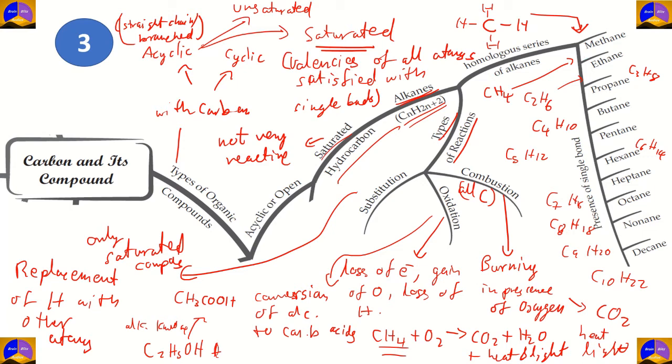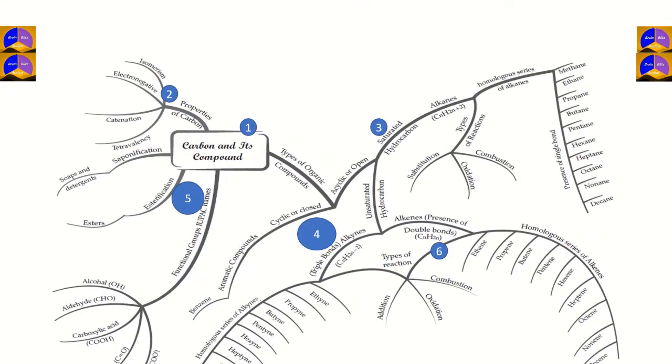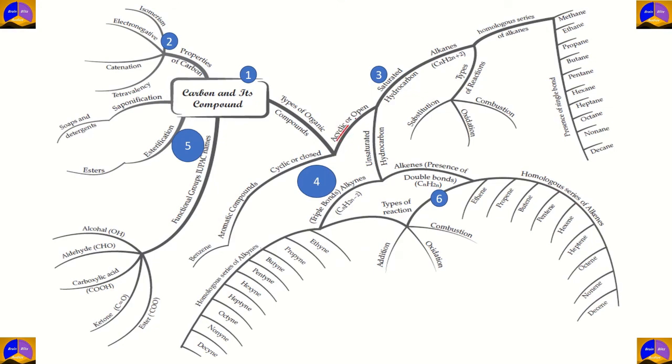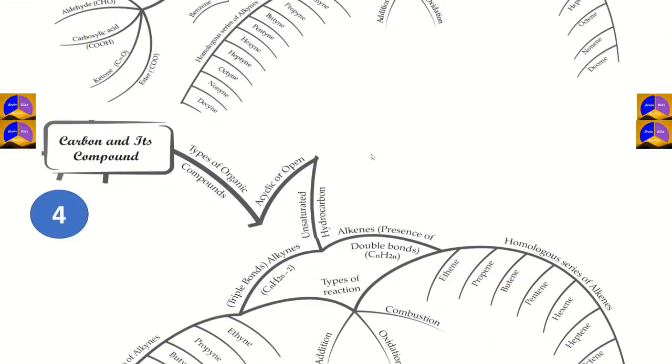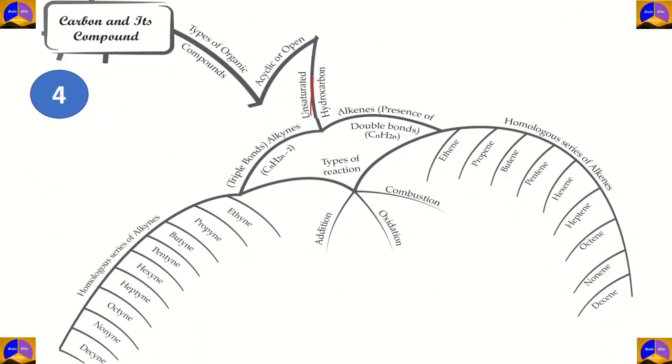We learned the homologous series, the general formula, why they are known as saturated, and the types of reactions they undergo. Now, saturated compounds are only one part of acyclic compounds. The other half is unsaturated hydrocarbons. Now, what are unsaturated hydrocarbons?